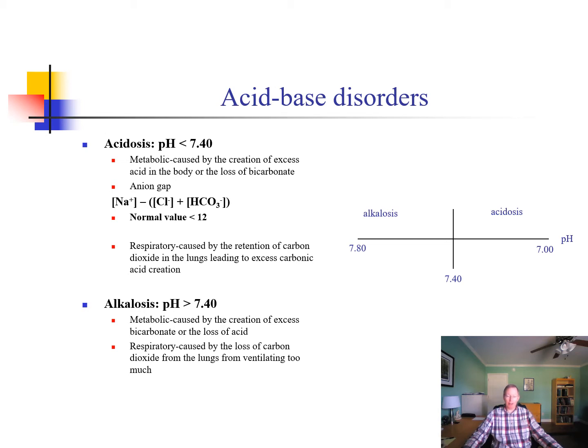If the pH is greater than 7.40, this sort of Mason-Dixon line here in the South United States, anything that is greater than that is considered the alkalosis, and that can either be of a metabolic or respiratory etiology or cause. In a metabolic, I'm creating excess bicarbonate or I'm losing acid. In terms of respiratory, I'm losing carbon dioxide from ventilating too much out of my lungs.